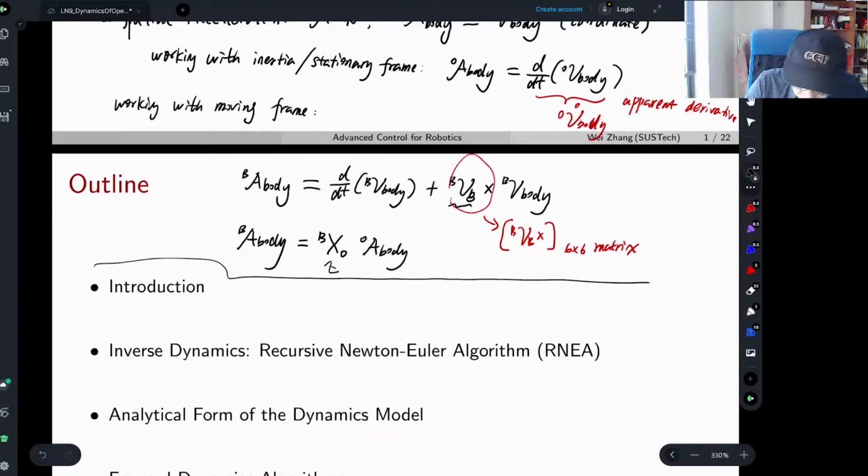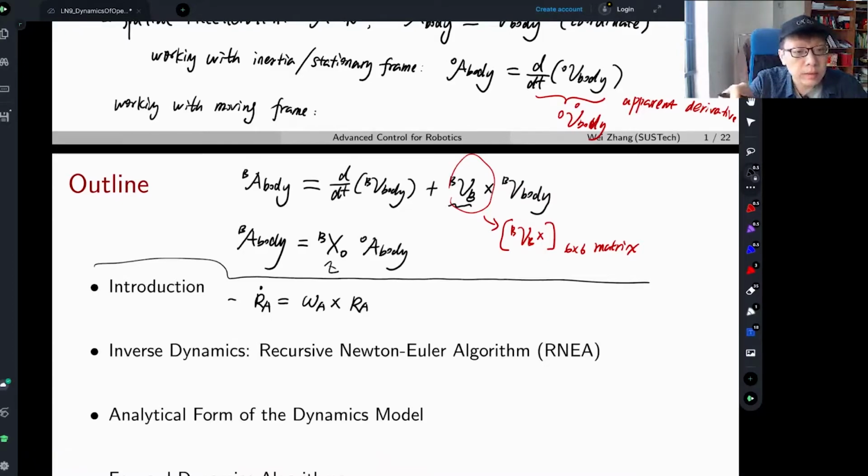Then we also have some interesting facts. One is almost a review: R dot equals omega_A cross R_A. The derivative of the orientation of A equals the instantaneous angular velocity of the A frame, crossed with the current orientation of A. We proved that in lecture 5, I think, when we talked about instantaneous velocity.